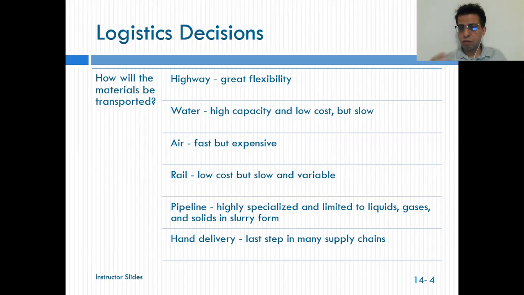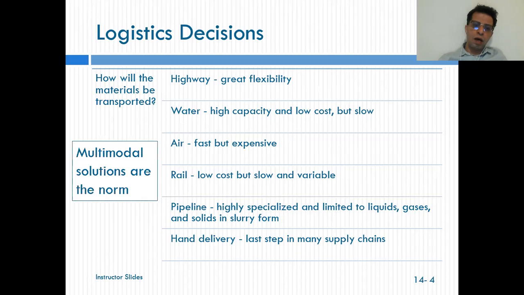Pipelines are very good for oil and gas, highly specialized and limited to liquids, gases, and solids in slurry form. And hand delivery is usually the last step in many supply chains. A multi-modal solution is the norm.